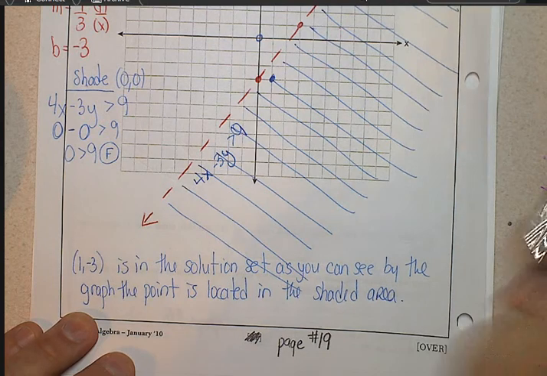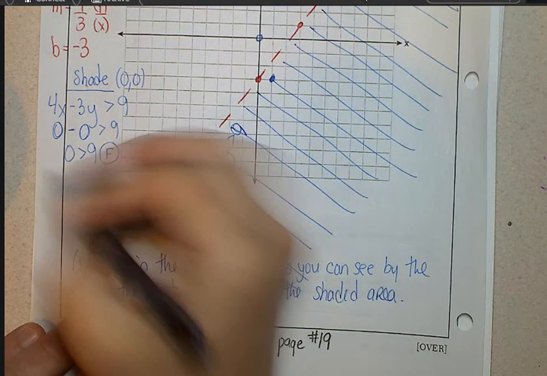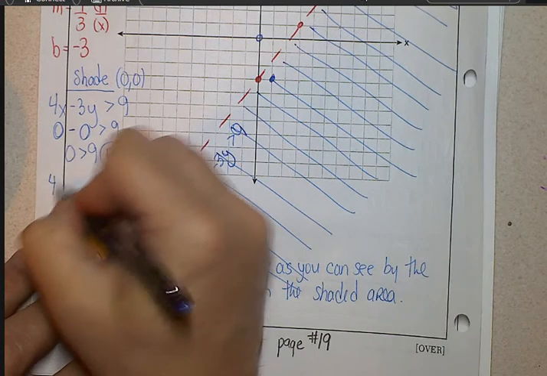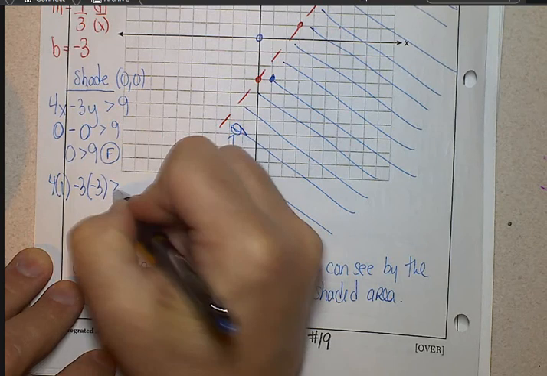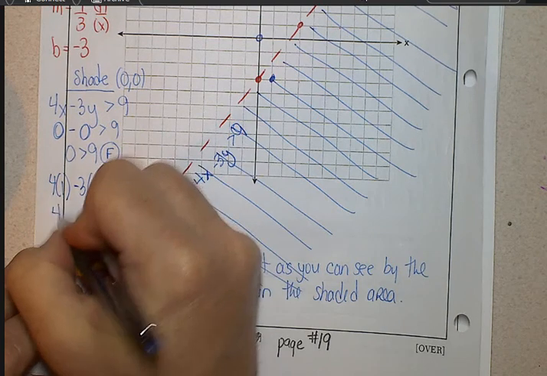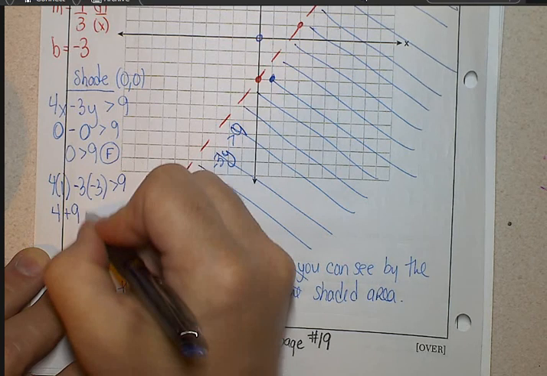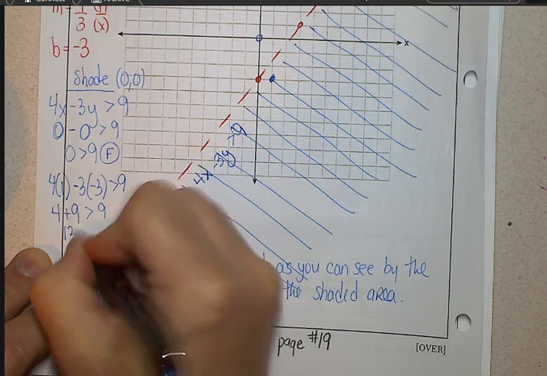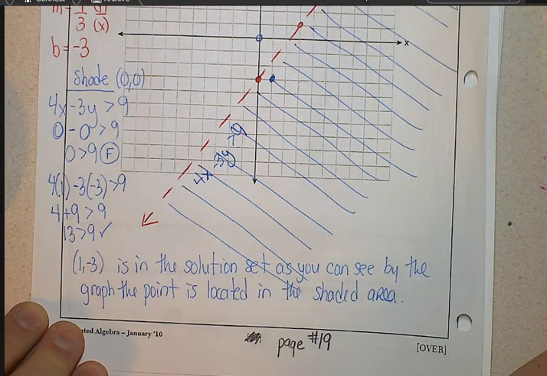Or you can actually take the point and plug it in, and if it makes sense, x is 1, so 4 times 1 minus 3 times negative 3 has to be greater than 9. So 4 times 1 is 4. Minus 3 times negative 3, that's a positive 9, so 13 has to be greater than 9. Yep, it's true, so it should be in the solution set. Okay, so there's a couple different ways you can do that.